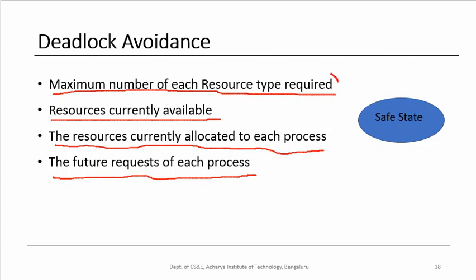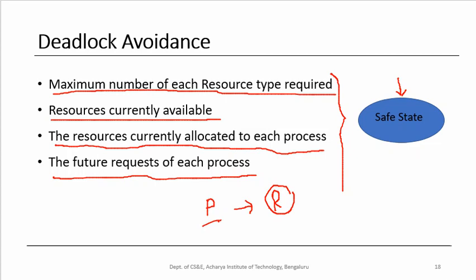Now, keeping all this information in mind, when a process P makes a request for resource R, the operating system checks whether granting this resource to process P is going to keep the system in the safe state.